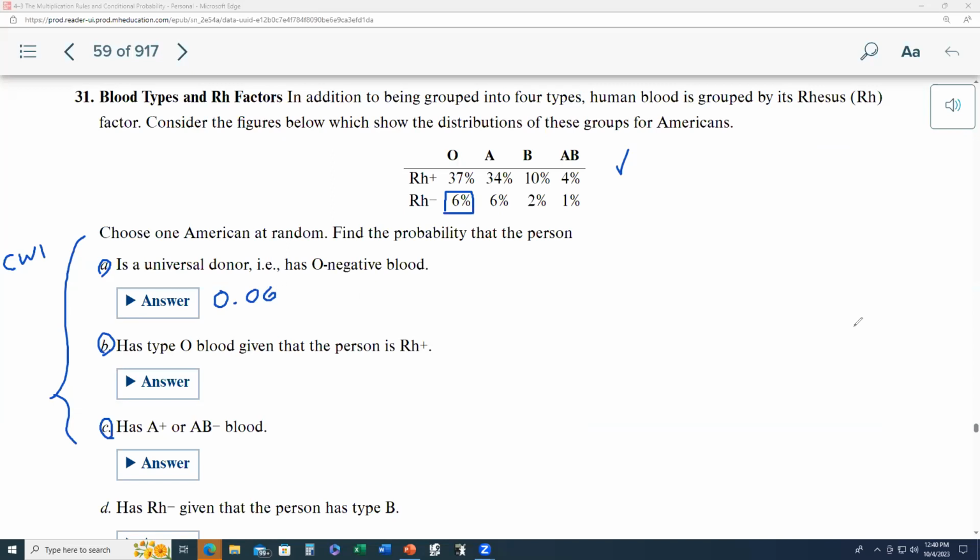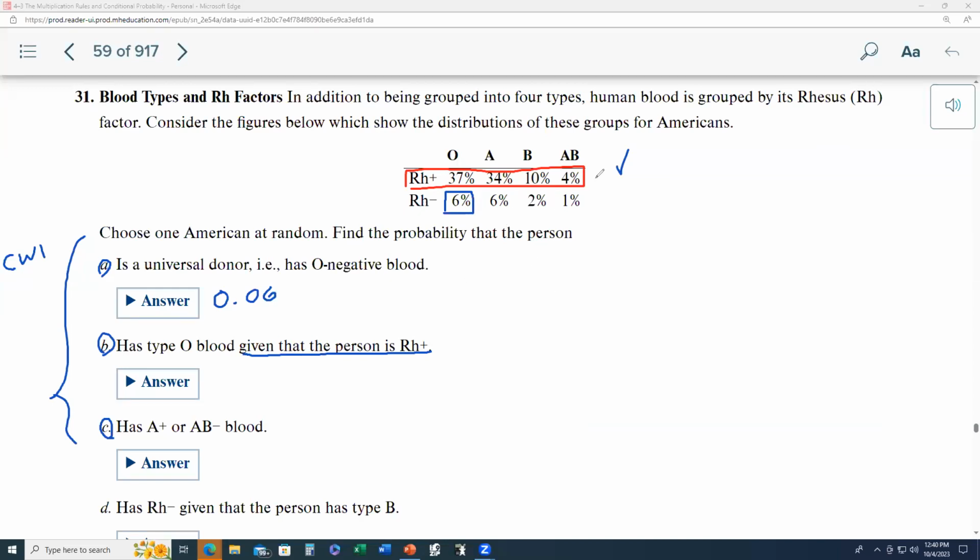B, what's the probability that we select somebody and they have type O blood given that the person is Rh positive? Given that the person is Rh positive, basically locks us into the Rh positive row. So we're locked into this row. Given that the person selected is Rh positive, what then is the probability that they have type O blood?